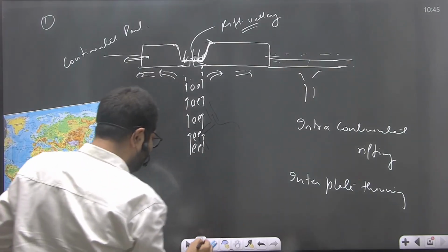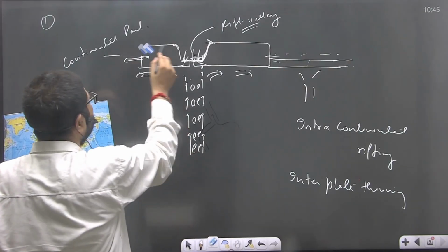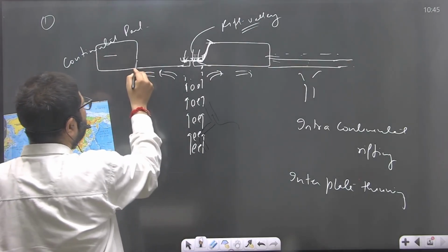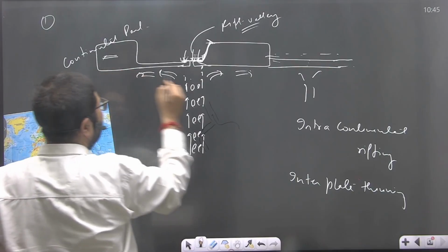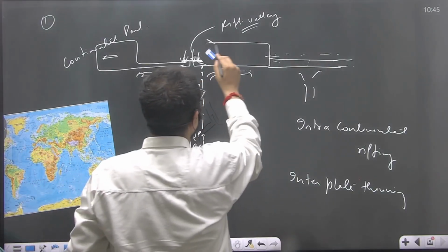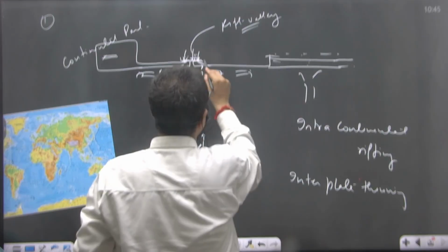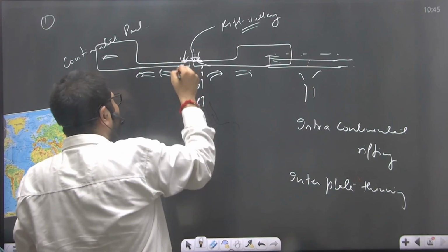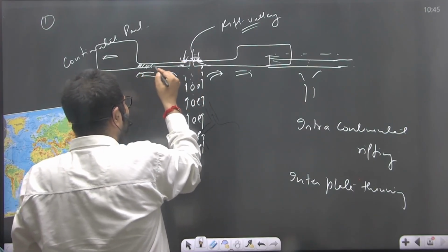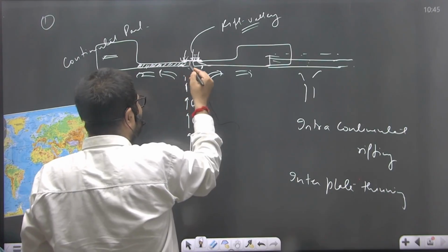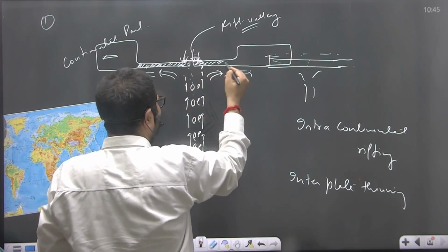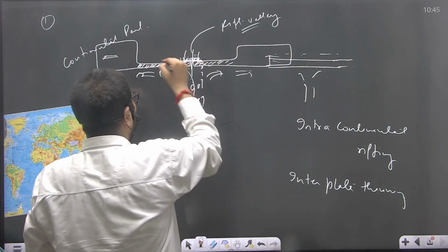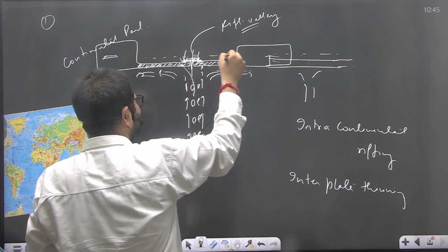As a result of this movement, they start moving away. And the magma coming from below starts getting attached to the trailing edges of the two crustal pieces. The magma coming from below starts getting attached to the trailing edges of these two continental masses.